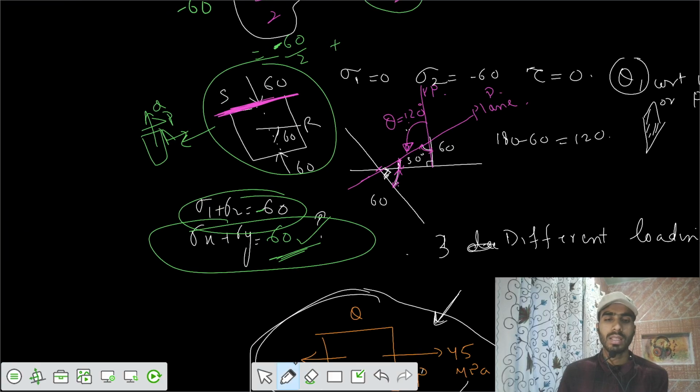Sigma 1 minus sigma 2 was minus 60, minus 60 plus 0, so minus 60.